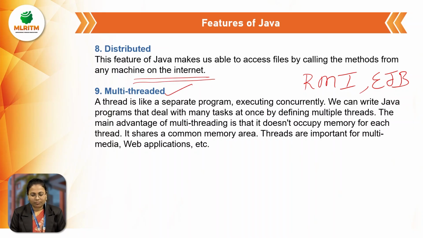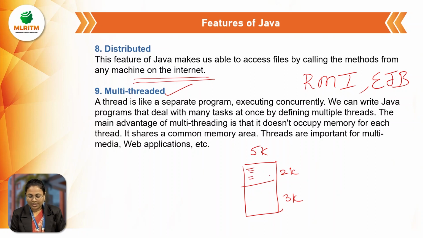So in multi-threading, say a program has 5,000 lines of code, where the first 2K lines are not dependent on the next 3K lines of code. The first 2K lines are independent of the next 3K lines, right?